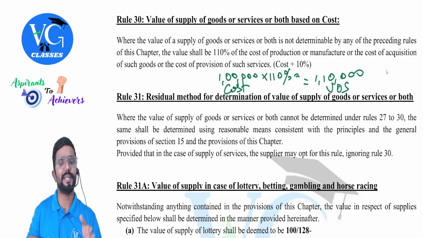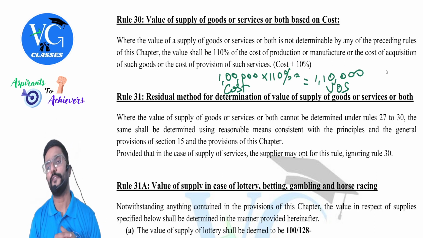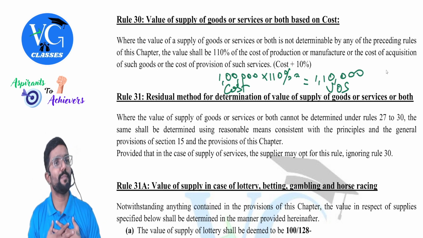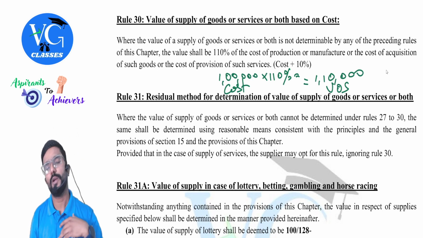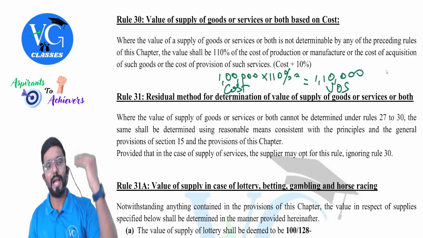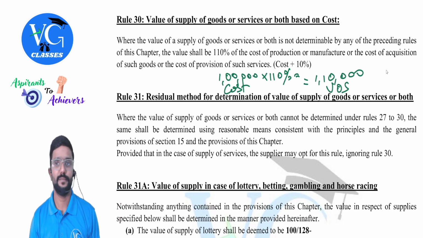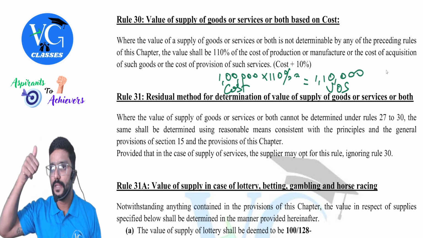In simple terms, cost plus 10%. That 10% is nothing but your profit, guys, because obviously I cannot sell my product at cost, right? I will add some profit. Your profit margin might be 20%, 30%, or only 5%. We don't care. As per rule 30, add 10%, which is standard for everyone, guys. Is that clear?